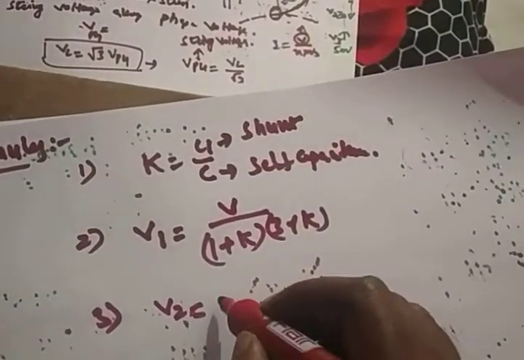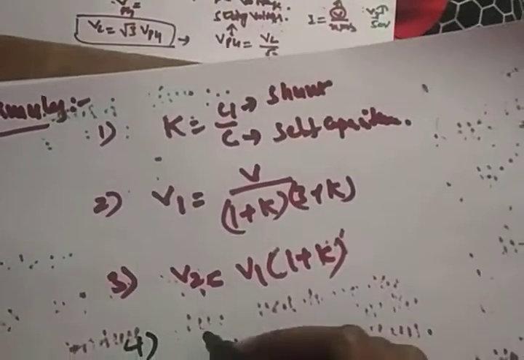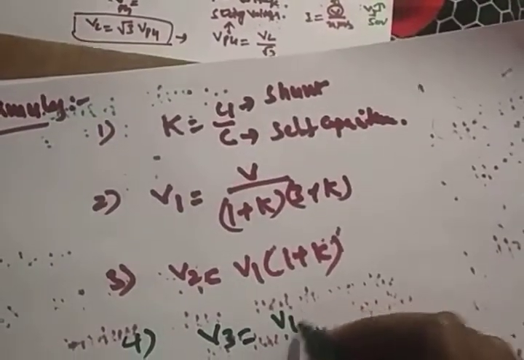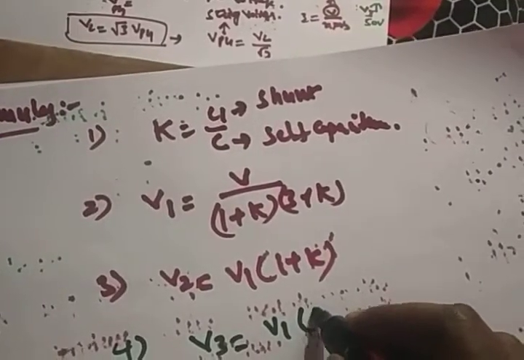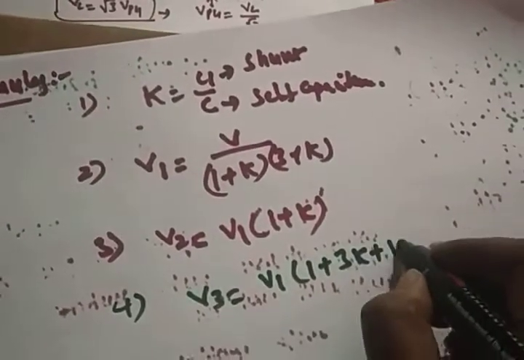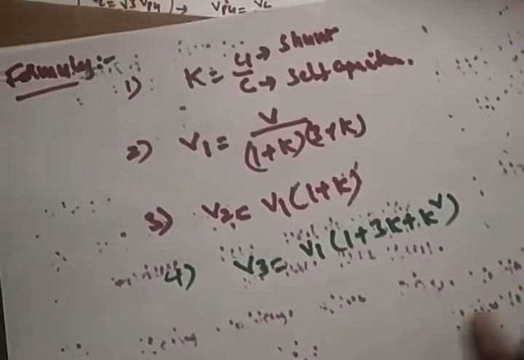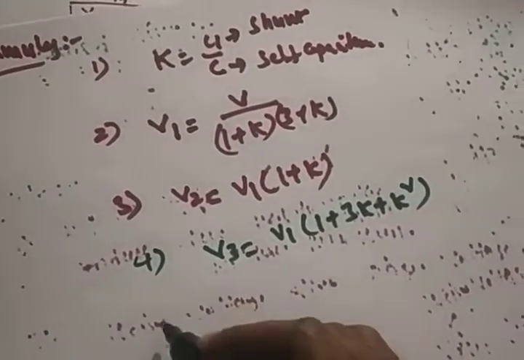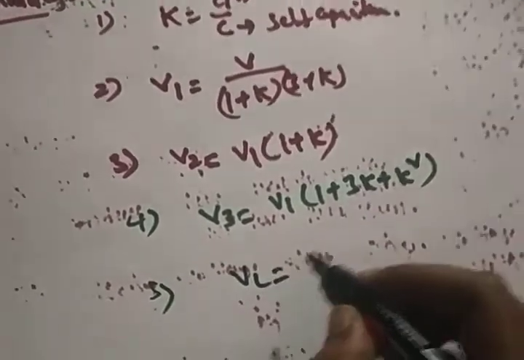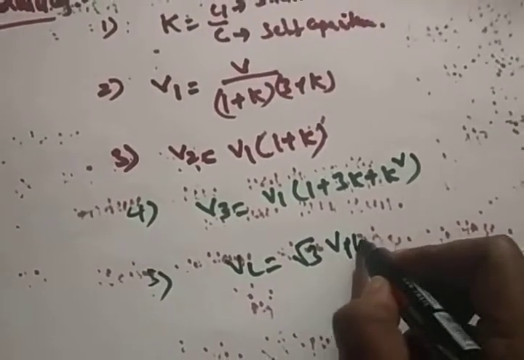V2 is equal to V1 into 1 plus K. And the fourth one, V3 is equal to V1 into 1 plus 3K plus K square. And if they want line voltage, it is root 3 into V phase.